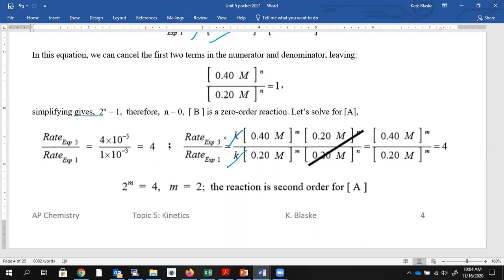And so the term is going to drop out to be 1. I can see that I got 0.4 to the M over 0.2 to the M is 2. So 0.4 divided by 0.2 gives me 2. 2 raised to the M power has to equal 4. So M has to be 2 in order to make that math work. This means that the reaction is second order with respect to A.